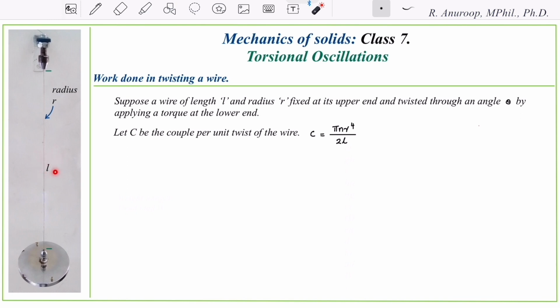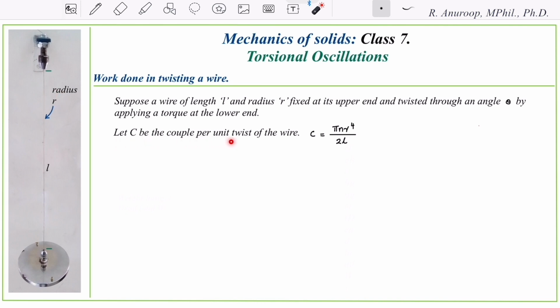In the torsion pendulum setup, L is the length of the wire between the two portions as shown in the picture. Let R be the radius of the wire.